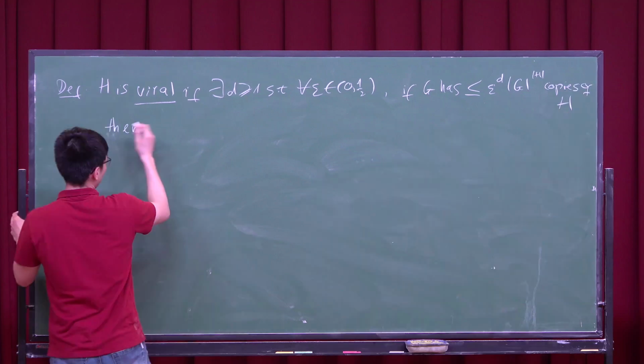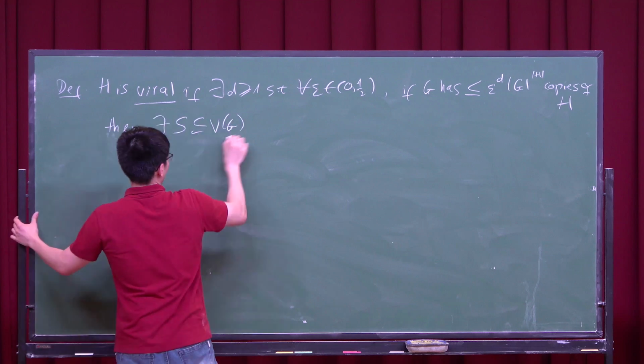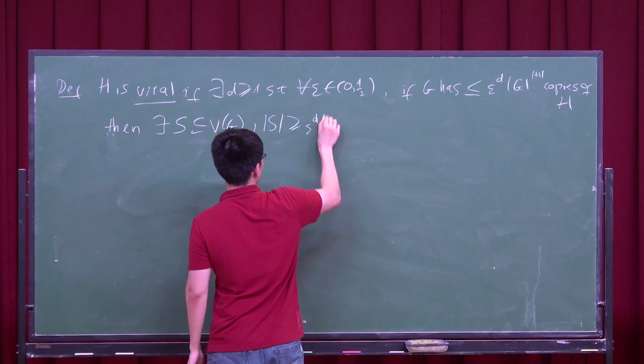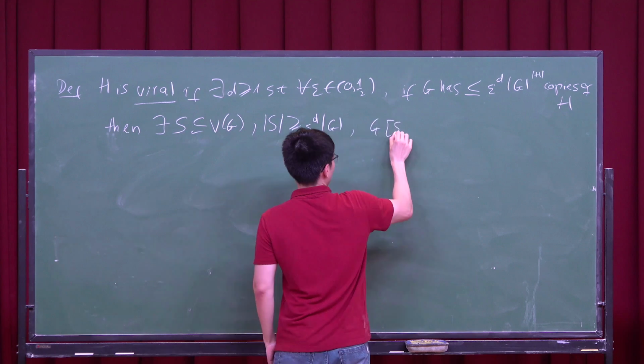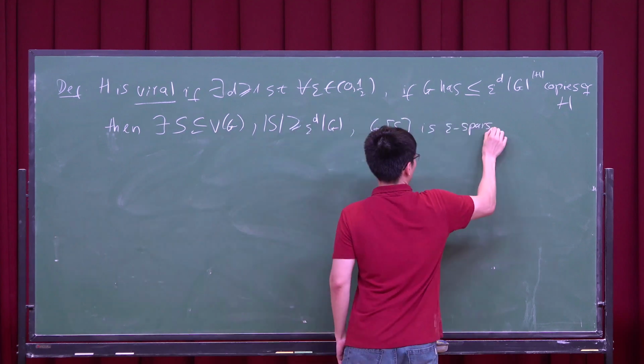Then there exists a subset S of size at least epsilon to the D times |G|, and G_S is epsilon sparse or epsilon dense.